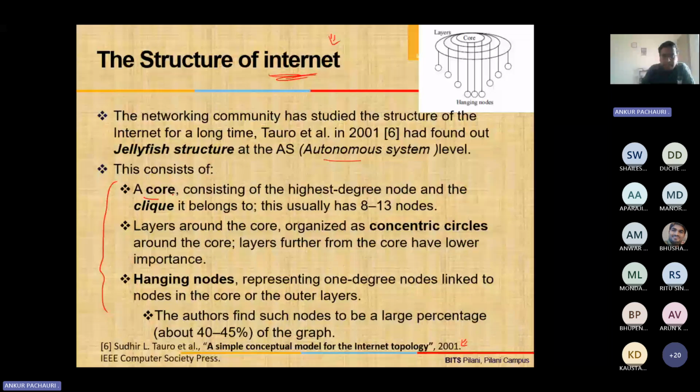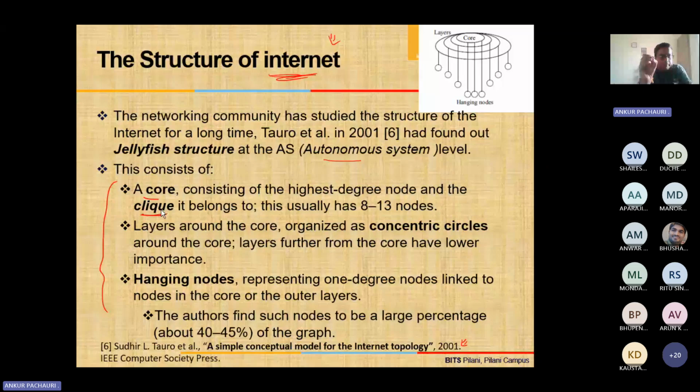So they observed that there's a core that consists of the nodes with the highest degree, and the clique. I think I have already explained the clique to you. Clique is almost a complete graph. Not complete, almost complete, because a complete graph is again a hypothetical term. In a smaller graph, it's easy.